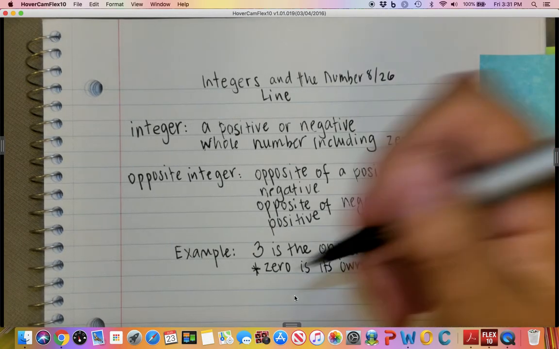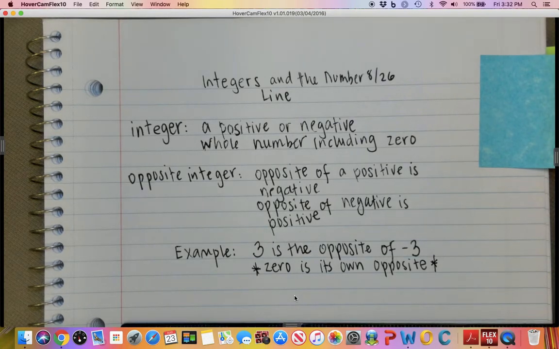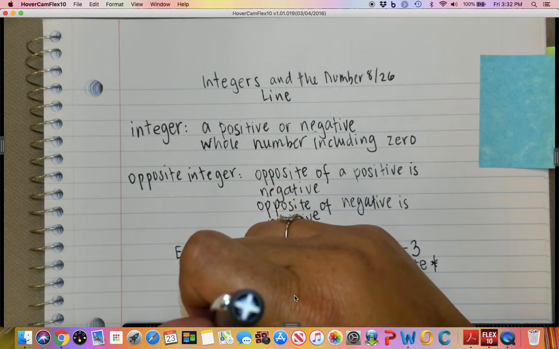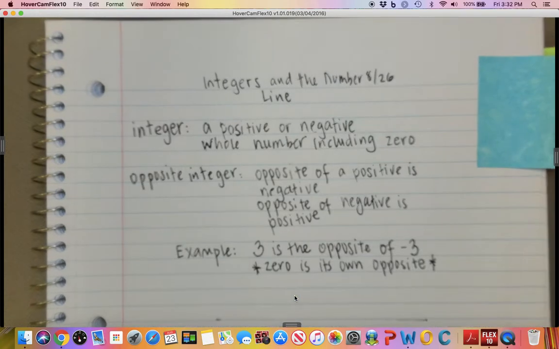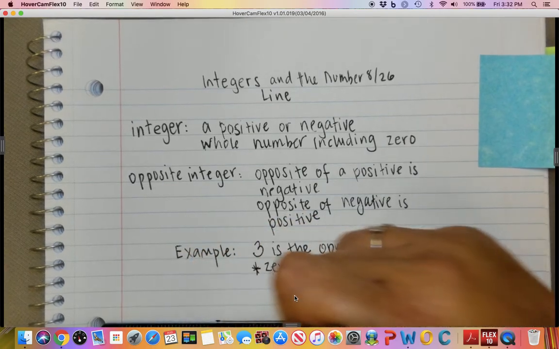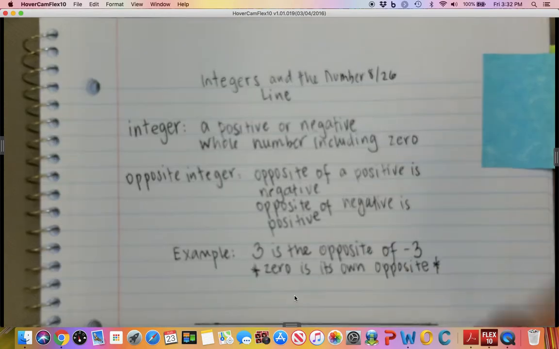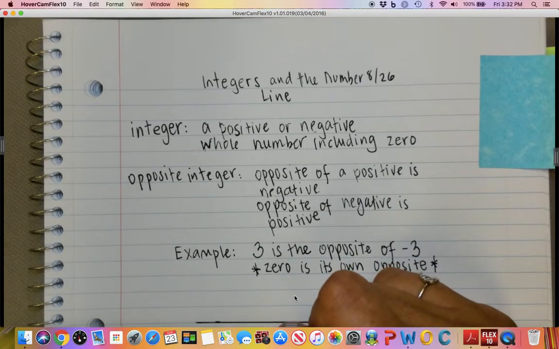So what I'm going to do now is, you can use a ruler if you want. If you don't have a ruler, you can use a straight edge of something, or do your best to make it look nice and neat. I'm just going to draw, oh, my pen is bad. I'm just going to draw a line. And in the middle of my line, I'm going to put 0.